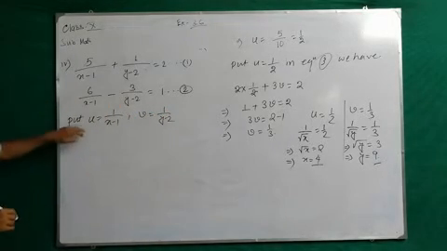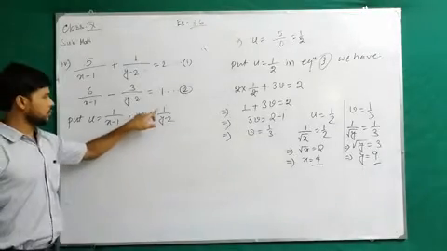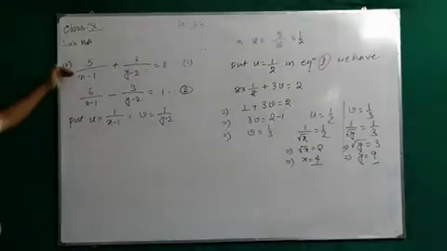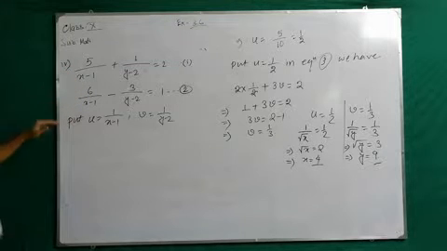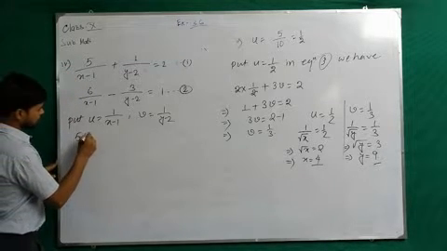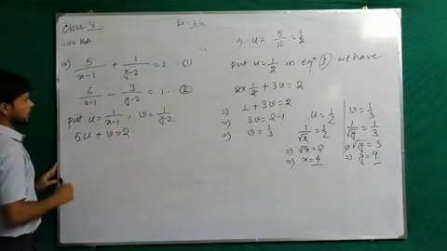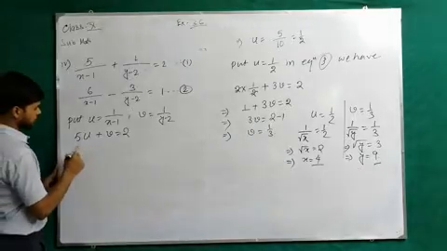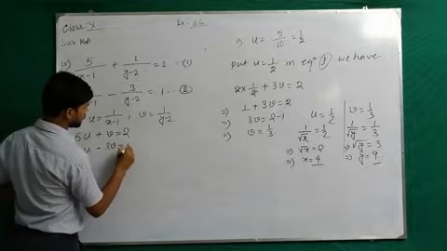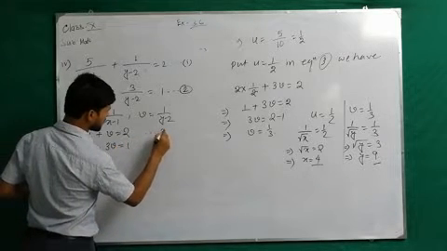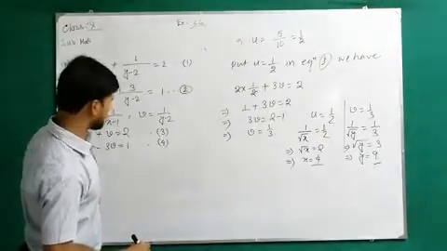If you substitute these in equation number 1 and equation number 2, then these two equations will convert into 5u plus v is equal to 2, and the second equation will convert into 6u minus 3v is equal to 1. So this is our third equation and this is our fourth equation.